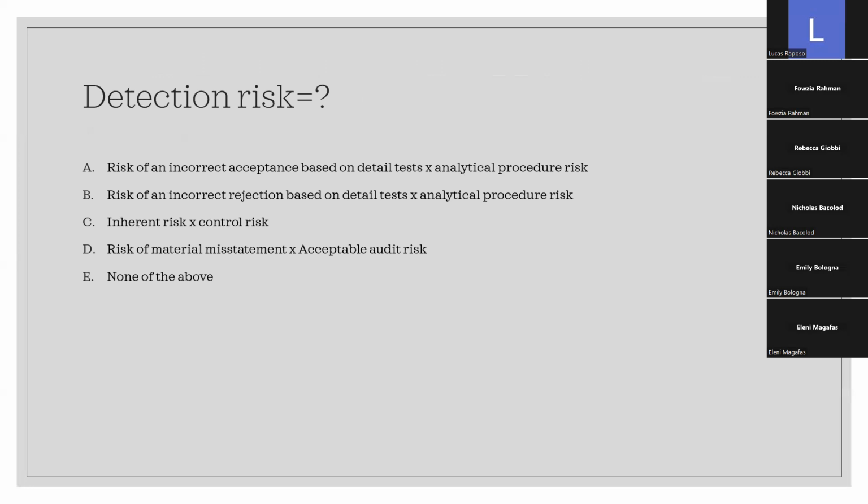Next one. Detection risk is: risk of an incorrect acceptance based on detailed tests times analytical procedure risk; risk of an incorrect rejection based on detailed tests times analytical procedure risk; inherent risk times control risk; risk of material misstatement times acceptable audit risk; or none of the above. Laurent says C. Do we have any other answers?